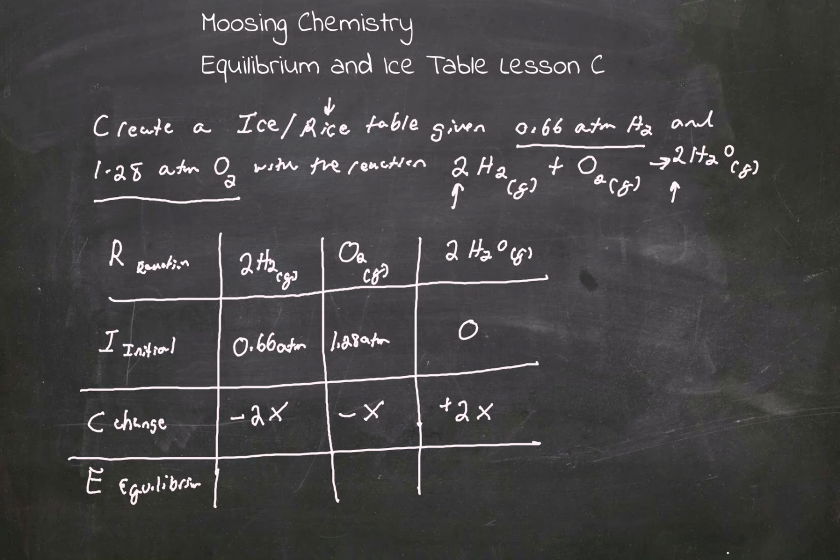All we have to do now is go 0.66 minus 2x, 1.28 minus x, and then we just call that 2x. So that's how we set up the original values for this table.